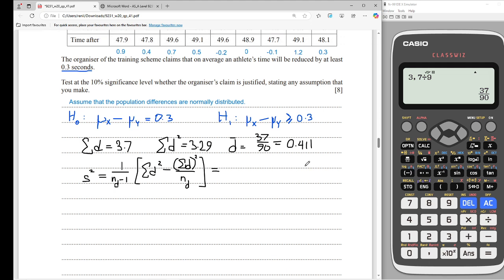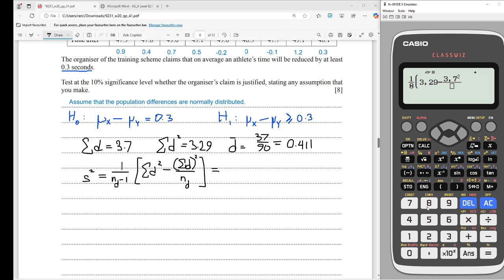And now we just need to put this into the calculator. So number of samples was 9, so our denominator becomes 1 by 8. Sum d squared was, no wait, 3.29. We minus that with 3.7 the whole square divided by the number of d terms, which was 9, and this is equal to 199 over 900, which is 0.221 whole recurring.